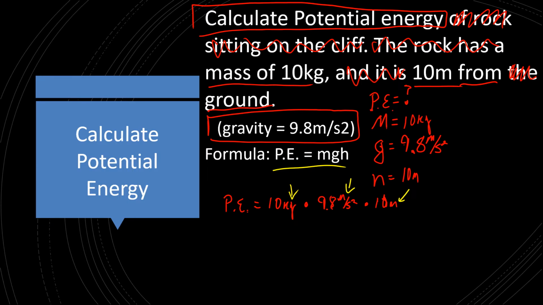These are different types of units, so we can't just cancel them out, and they end up together. What we end up with is a measurement of kilograms meters squared over second squared.